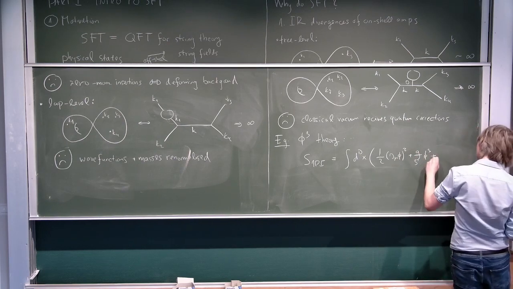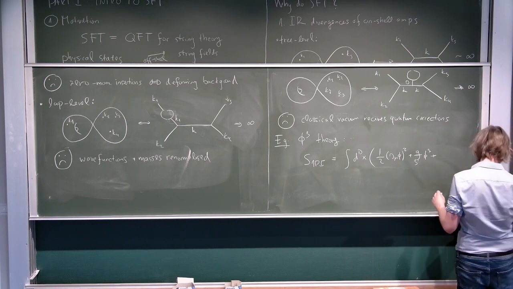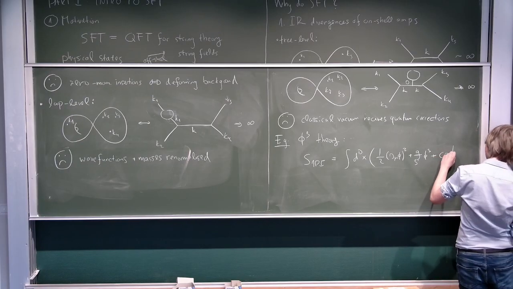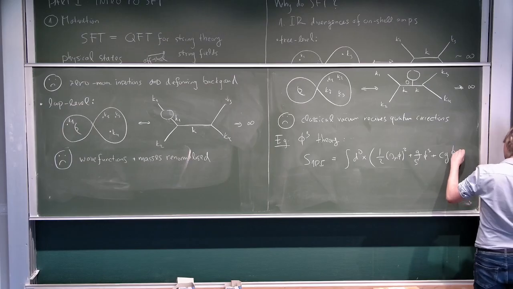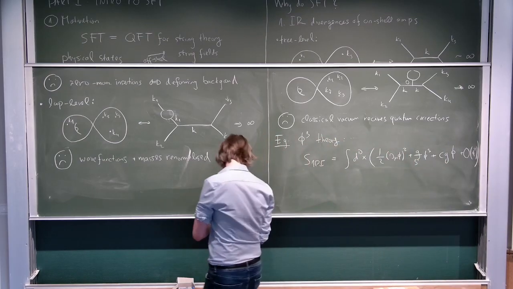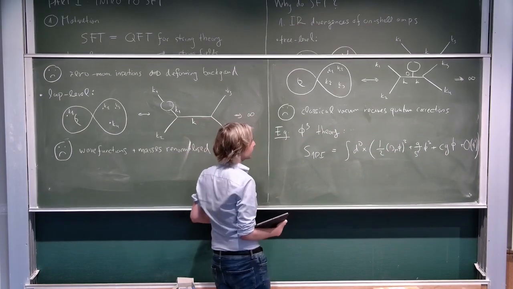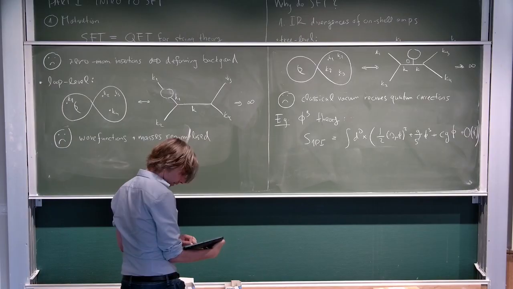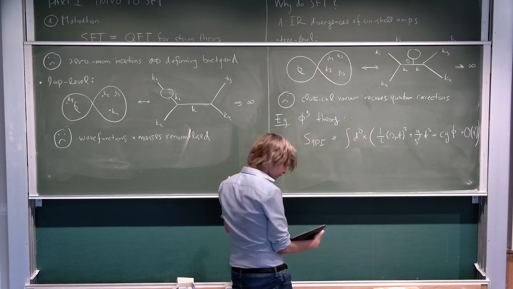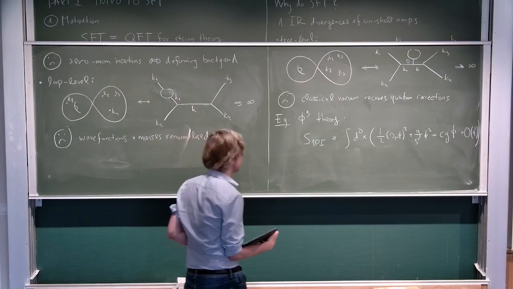But then, through loop diagrams, we will also generate this tadpole term, which is linear in the scalar field phi, plus some corrections to this phi squared term. So, taking this action and varying with respect to phi, we can obtain the classical, or in this case, actually 1PI equations of motion for this field phi.